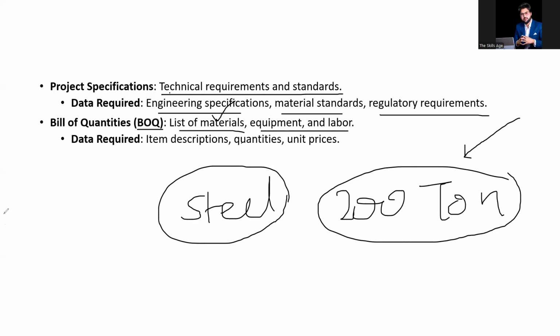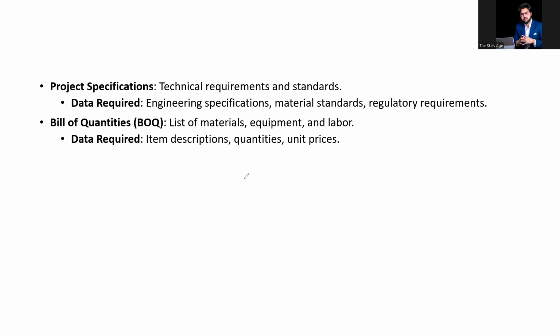But at this level we offer our rates on the basis of cost. So data required: item description with standards, quantities, and unit prices to finally put up one cost. I'll be sharing the BOQ with you guys. One minute.